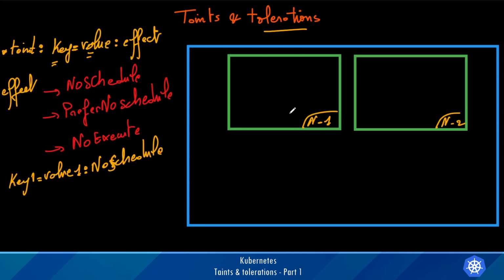So to add this taint to this first worker node, we use the command kubectl taint node, and then we give it the name of the node, and then we give it the taint, which is the key, the value, and finally the effect for this taint.